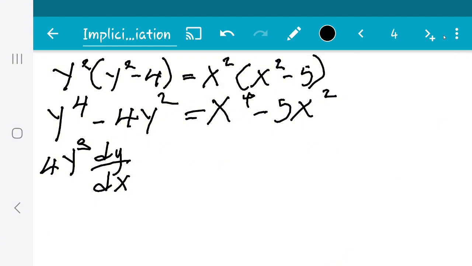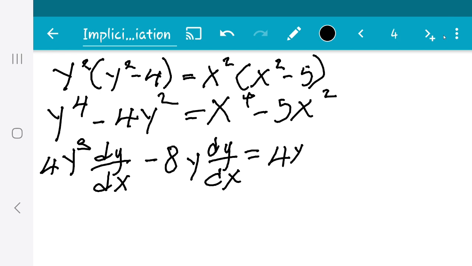How to derive it? Power rule. 2 multiplied by 4, which will be 8y. Okay, but because it's implicit differentiation of y, we must multiply with dy over dx. It's equal to, we do the general power rule on x to the 4th, which will be 4x to the 3rd.